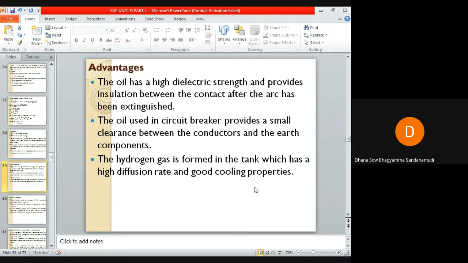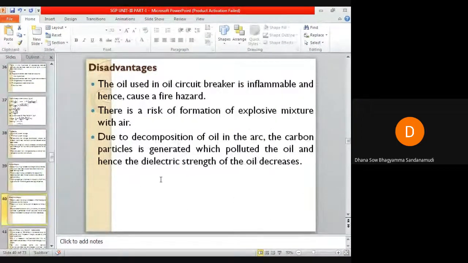The oil used in this circuit breaker provides a small clearance between the contact and the earth component, and hydrogen gas is formed in the tank, which has a high diffusion rate and good cooling property. So that is the advantage of this plain break oil circuit breaker.